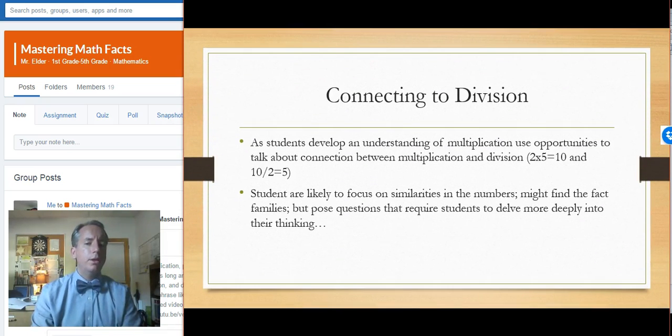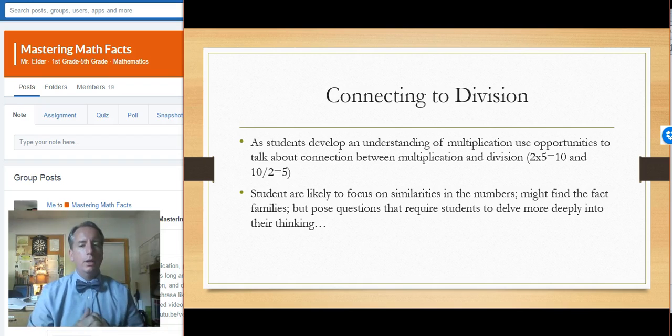As we think about division, the hard part is generally a weakness in division is really revealing a weakness in understanding multiplication. Once I really understand multiplication, I understand the commutative property, the connection to division becomes pretty clear.